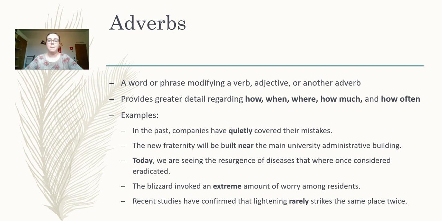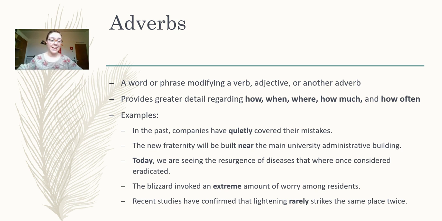In the past, companies have quietly covered their mistakes. So let's say we're making an argument that consumers should have greater transparency into mistakes that companies have made. So if we say they've quietly done it in the past, we could say, okay, well, obviously these companies that we're discussing are shady and they're untrustworthy because they don't admit when they're wrong, which could potentially be bad.